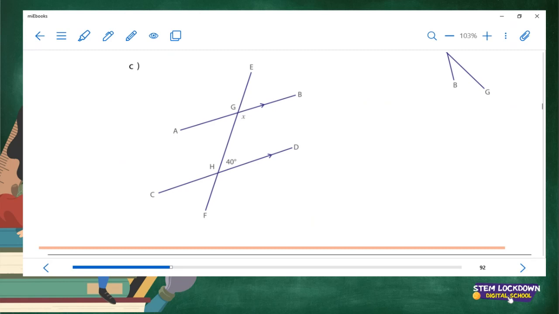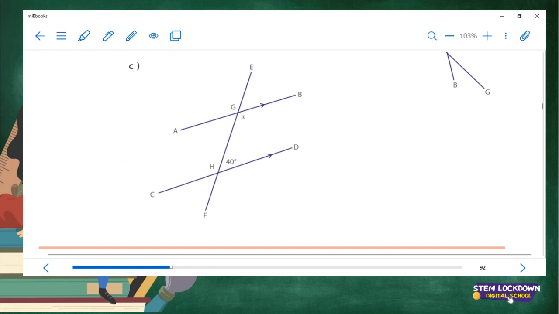Now, we are given that AB is parallel to CD, this information that is given to us. Therefore, we can conclude that the sum of X and 40 must give us 180 degrees. Now, you have 40 already, and then you have X. The key question is, how much is the value of X if the other value is 40?